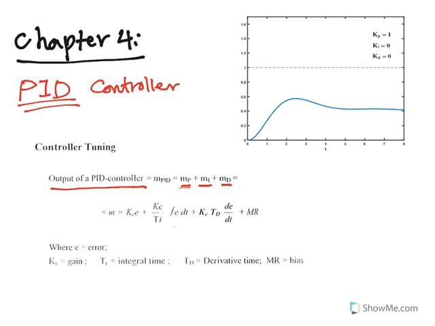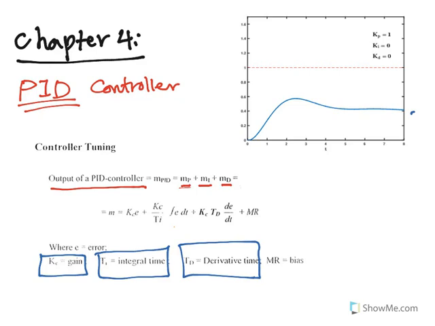Again, here we have the gain KC, the integral time TI, and TD is the derivative time. This graph here is for the PID controller response, and we have three parameters: the proportional gain, the integral gain, and the KD, which is the gain of the derivative.